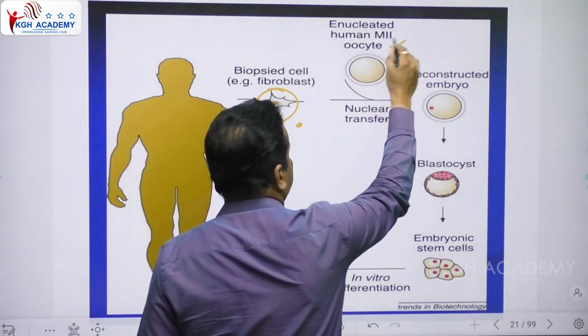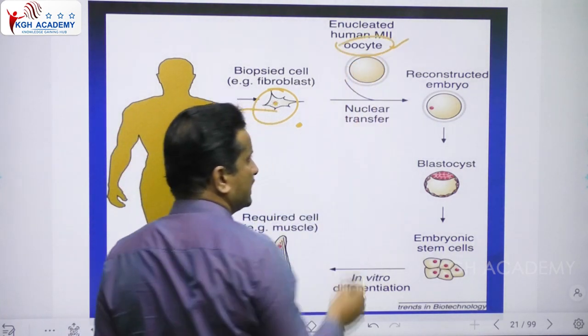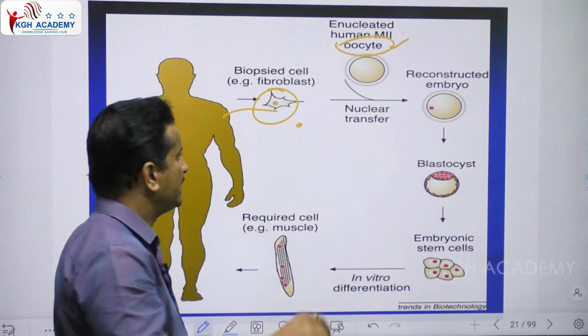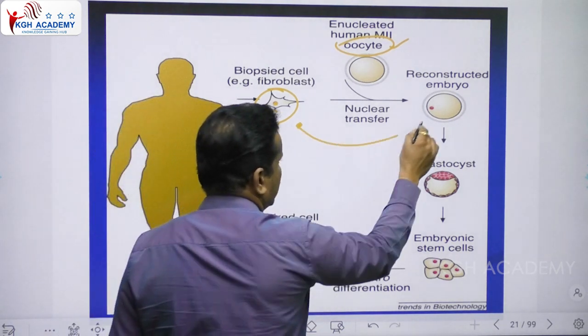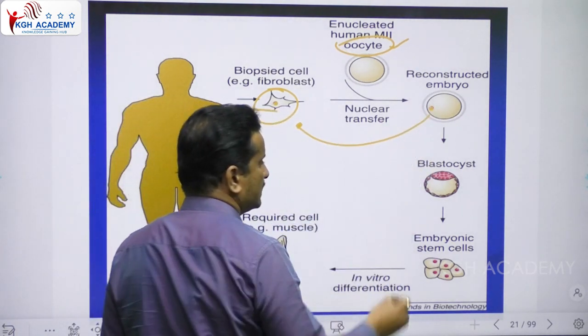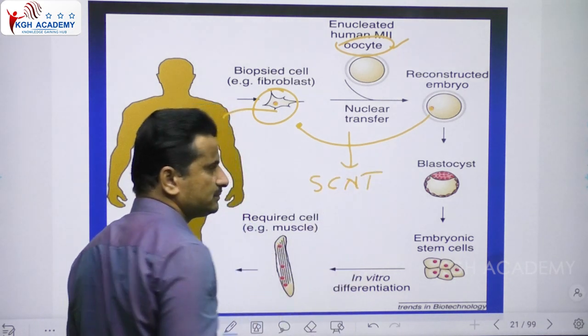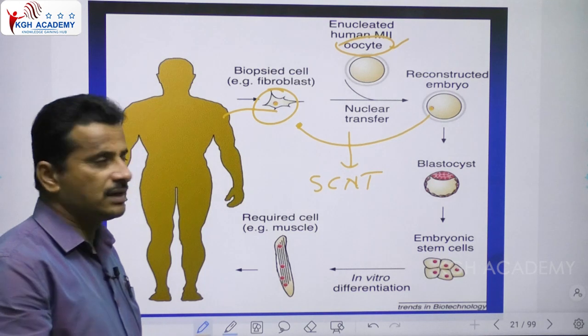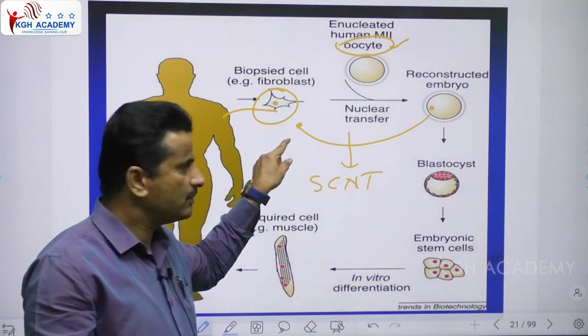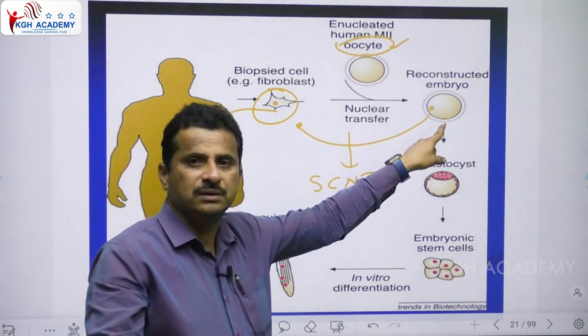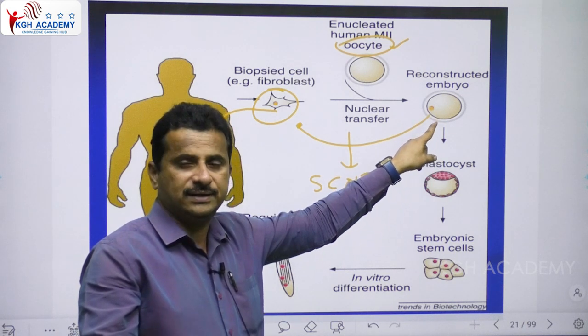From a female, we are taking an oocyte, meaning egg, and we transfer the nucleus into it. This is nothing but SCNT, somatic cell nucleus transfer. Here we transfer a somatic cell, a body cell, into an empty egg.